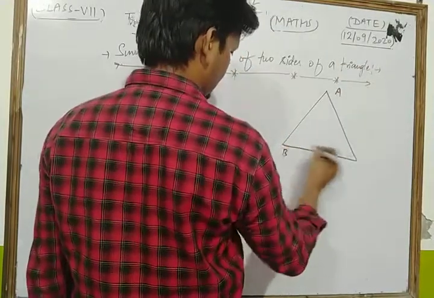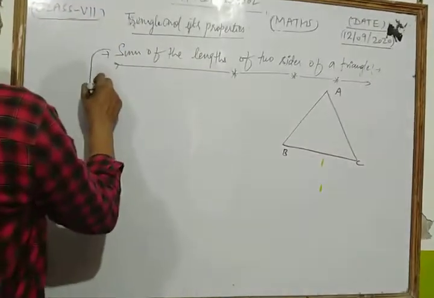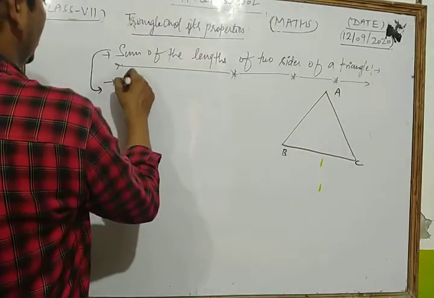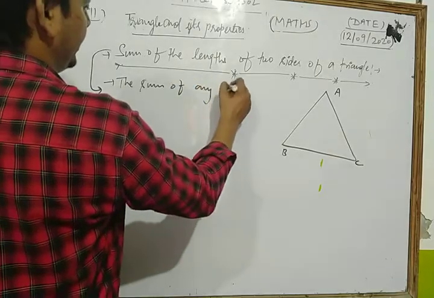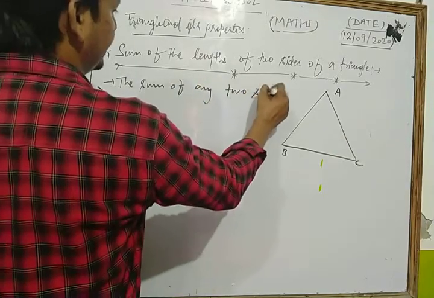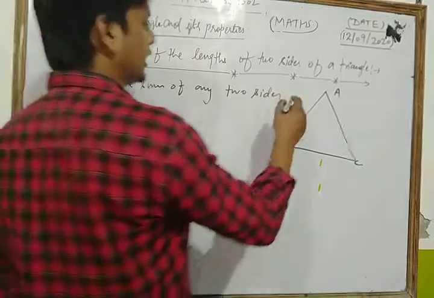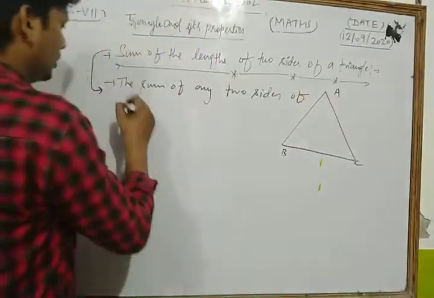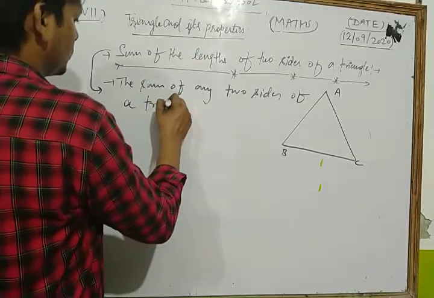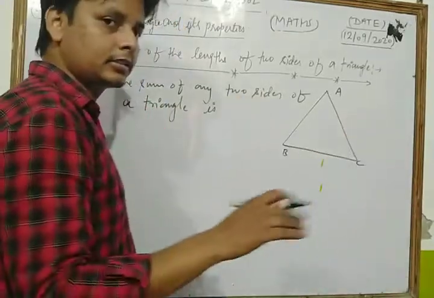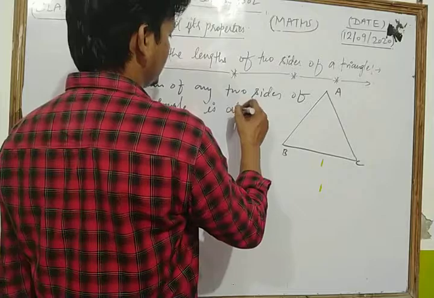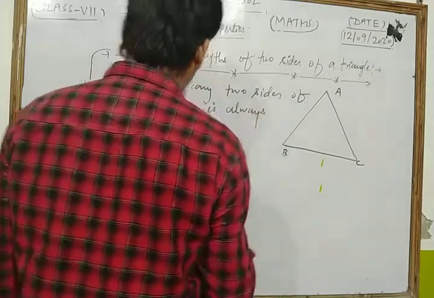Suppose that, according to this concept, the sum of any two sides of a triangle is always greater than its third side.